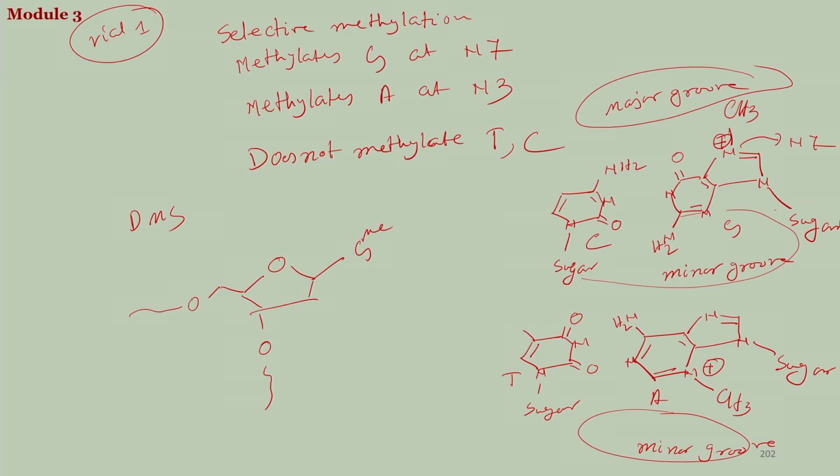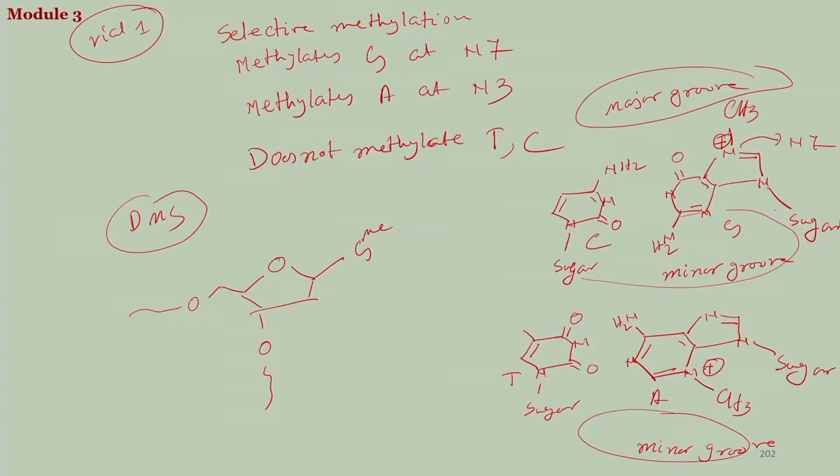We will see that when you treat it with dimethyl sulfate and then followed by treatment with piperidine, then only the G which is there would be cleaved off the sugar. Adenine will remain intact, because the methylation happens in the minor groove.